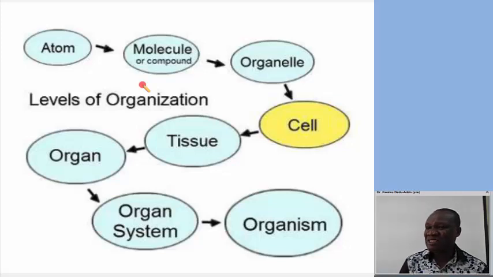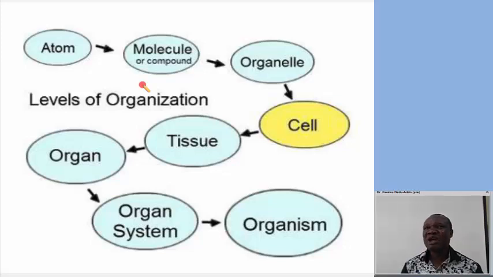Now, the next level of organization is the organ system. The organ system is made up of different organs coming together to perform a particular function. If we take the cardiovascular system, for instance, it's made up of the heart and blood vessels.